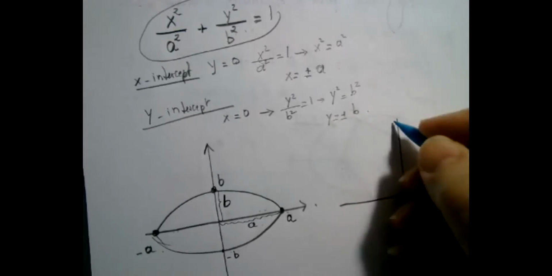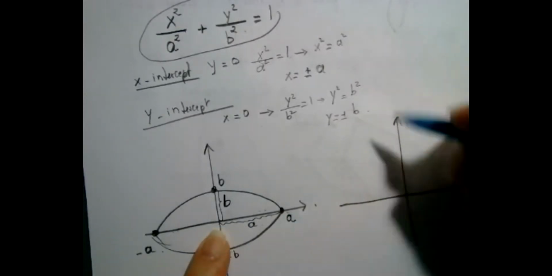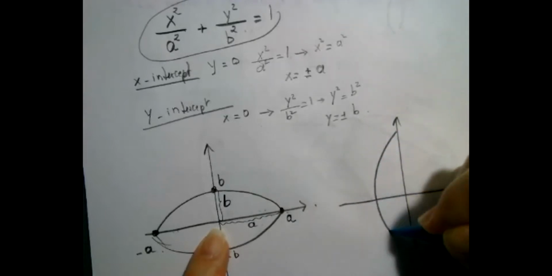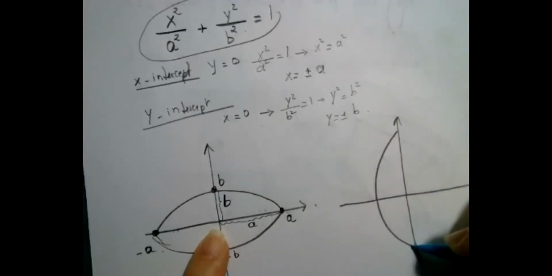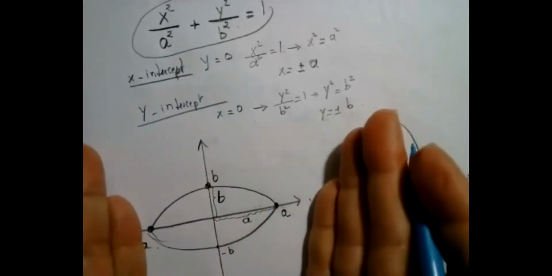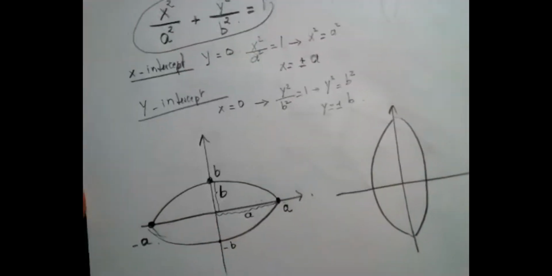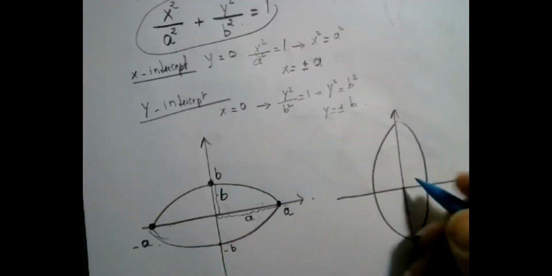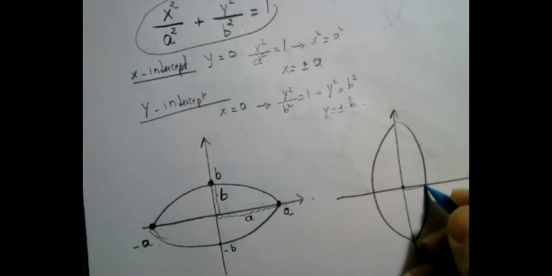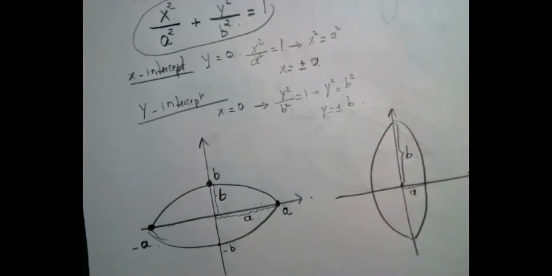Now, sometimes, not a lot of times, the ellipse will be elongated like that. Instead of being elongated horizontally, it's going to be elongated vertically. The same idea applies: from here to here it's a, and from here to here it's b.